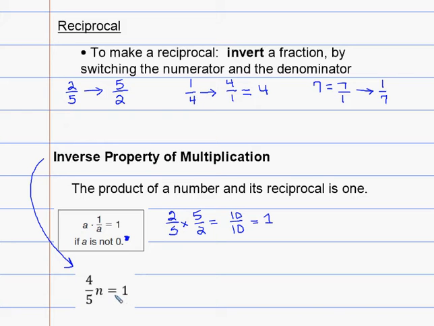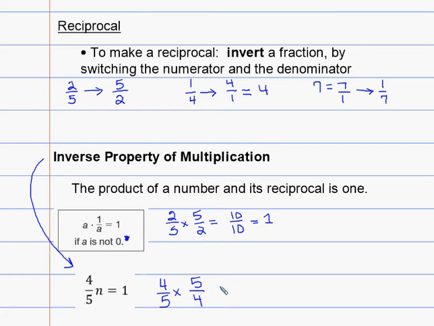Okay, so if we didn't know that the inverse property of multiplication existed, we'd know that we need to have a fraction as our result so that we'd end up with the same number in the numerator as in the denominator, so that when we simplify we'd get 1. But since we know the inverse property says a number times its reciprocal, if we take 4/5 times its reciprocal, the 5 goes in the numerator, the 4 goes in the denominator.